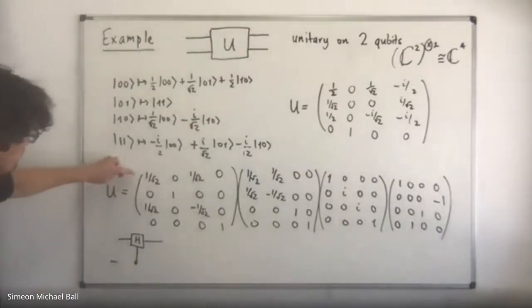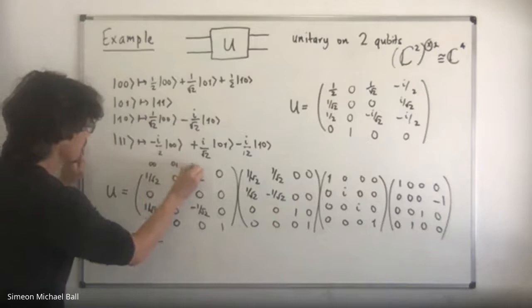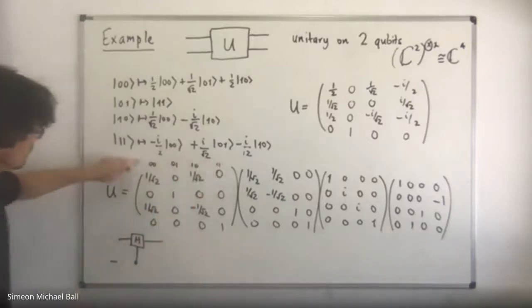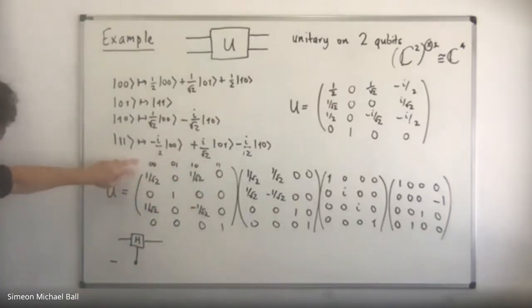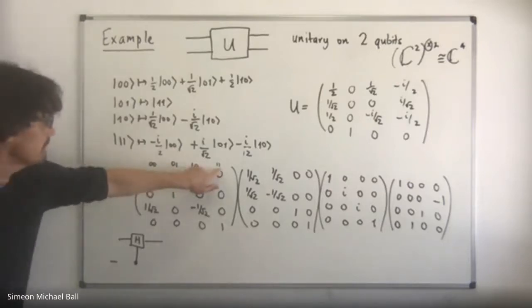What's happening here is this is 0, 0, this is 0, 1, this is 1, 0, this is 1, 1. So we've got the Hadamard going on the first qubit, but being controlled by the 0. Not by the 1. The 1 doesn't get control.